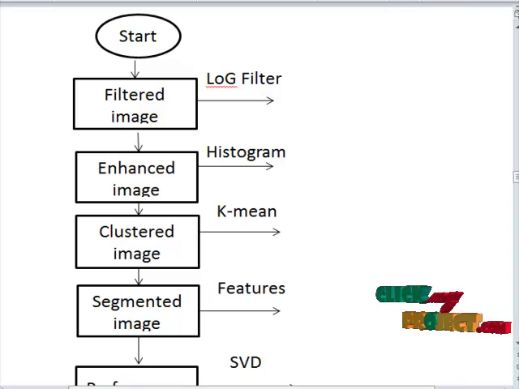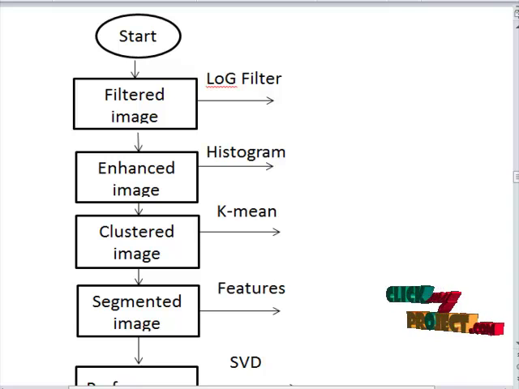To specify the histogram, there is a certain set of filters, but in this process we use Laplacian of Gaussian filters because they are used for smoothing the image and for the removal of noise.